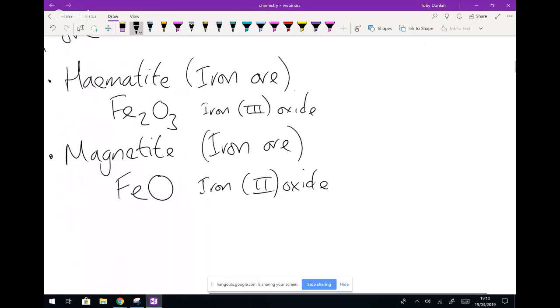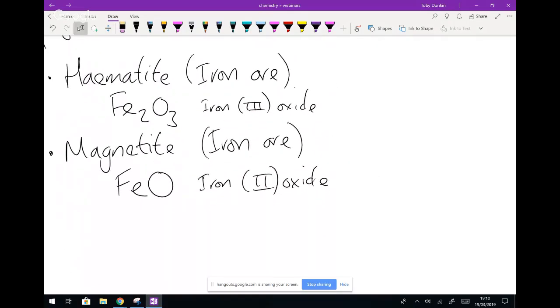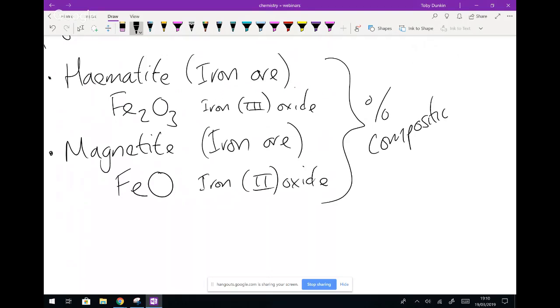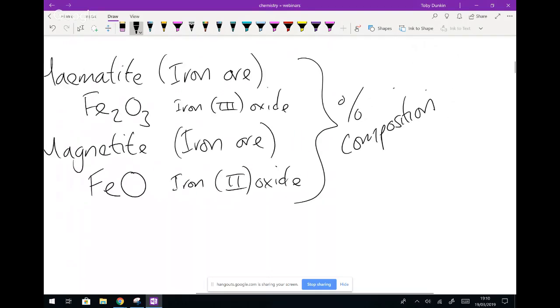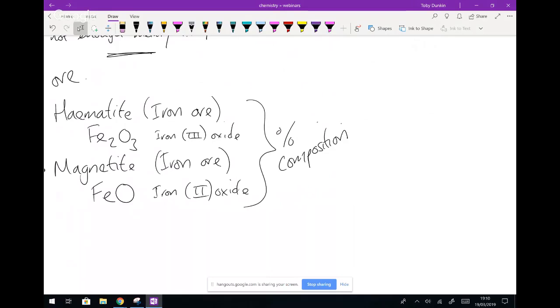Now, this has come up a couple of times over the last 10 years, and it comes up mainly in terms of percentage composition. This is one of our calculations, and the reason why it's nice to run this one is to explain which metal ore is actually worth more money.